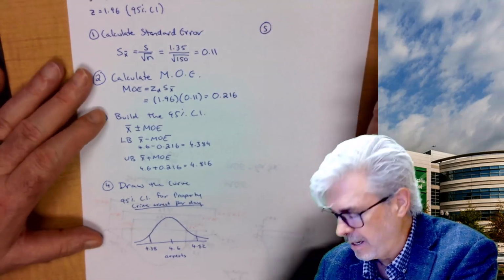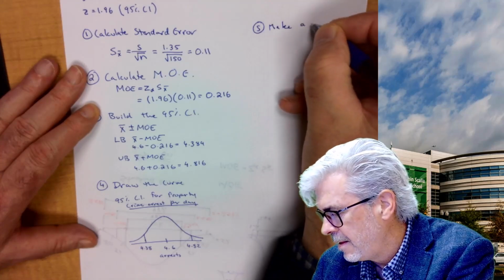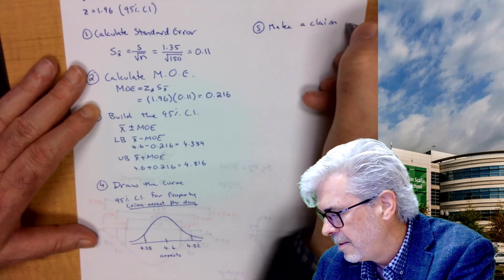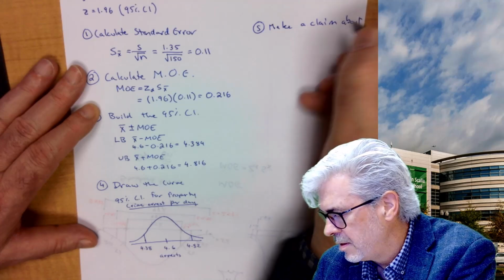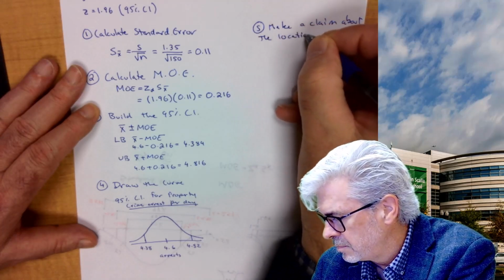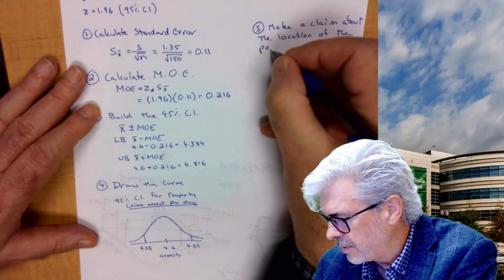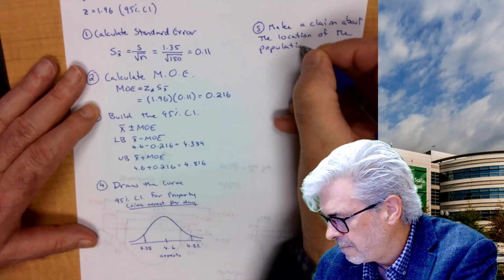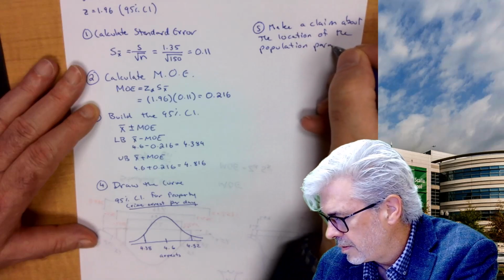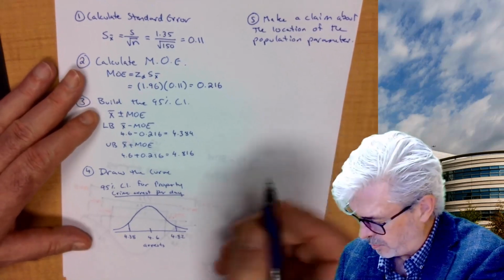Oftentimes you'd be asked just to make a claim about the location of the population parameter. What's the true population value? Well, here's what we know.